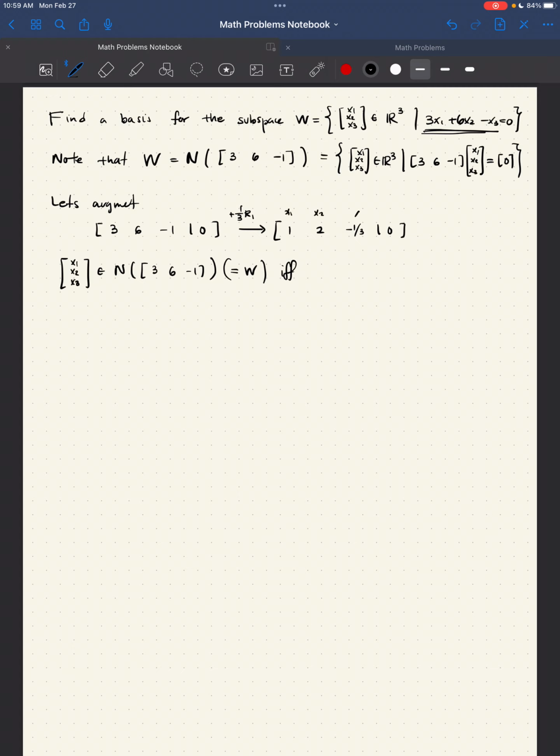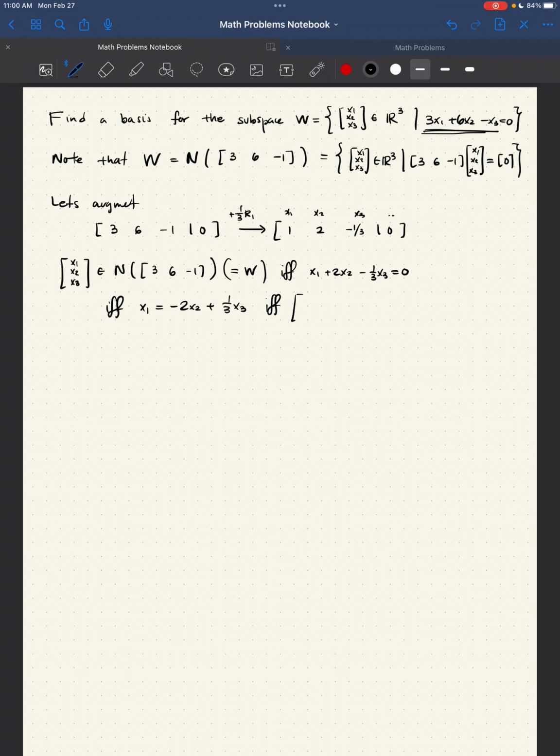So I'll just incorporate that system of equations, which is only one here: x1 plus 2x2 minus 1/3 of x3 equal to 0. Of course, I may rewrite this as x1 is equal to -2x2 plus 1/3 of x3, which of course we can write as follows.